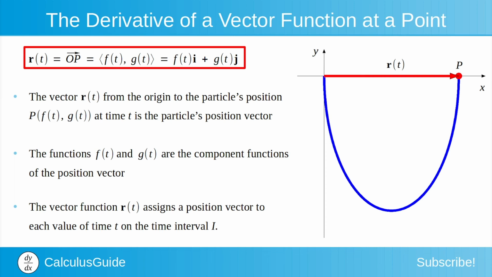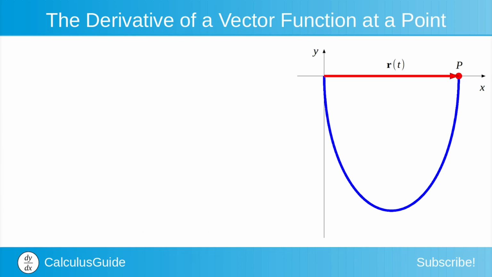We can think of the particle's path during the time interval I as the curve traced by r during this time interval. The component functions of r of t are f of t and g of t, and in this example, both f of t and g of t are differentiable functions of t.